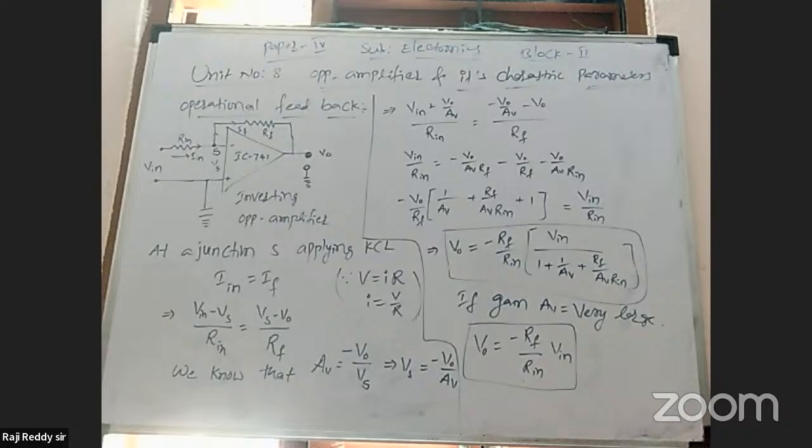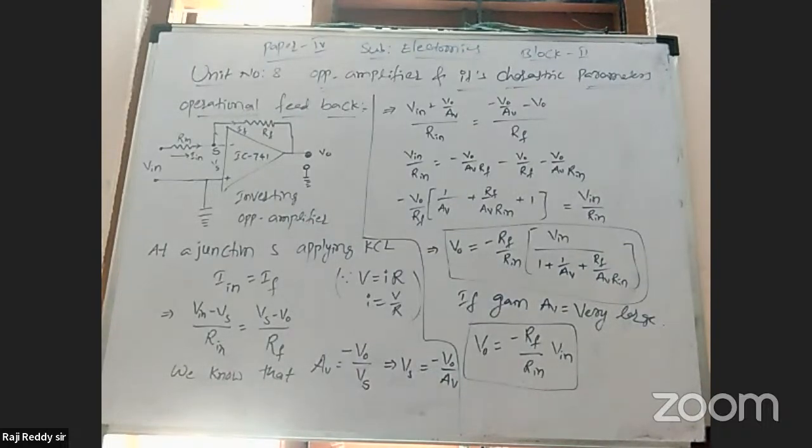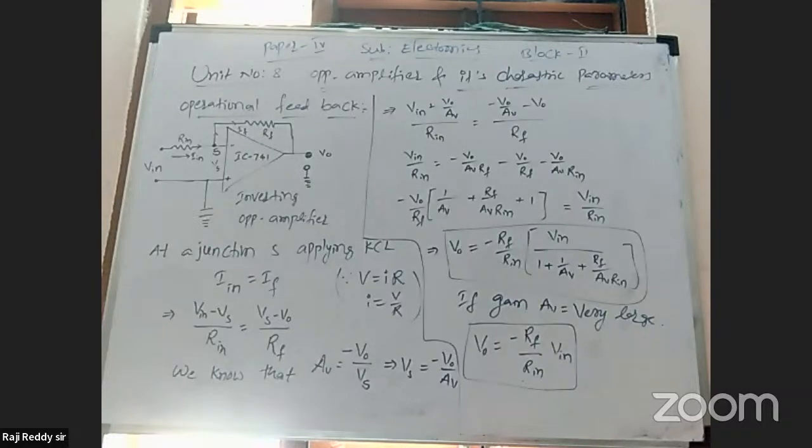Next one, operational parameters and specifications. It is also very, very important in 10 markers. In that one: offset current, offset voltage, CMRR (common mode rejection ratio), which is an important thing, and slew rate. Then the explanation part.